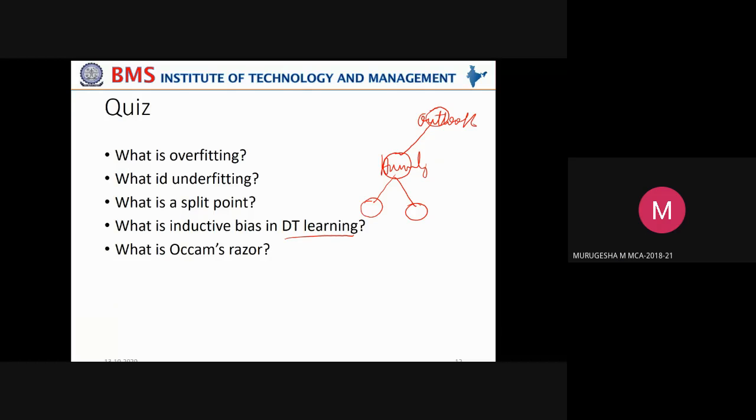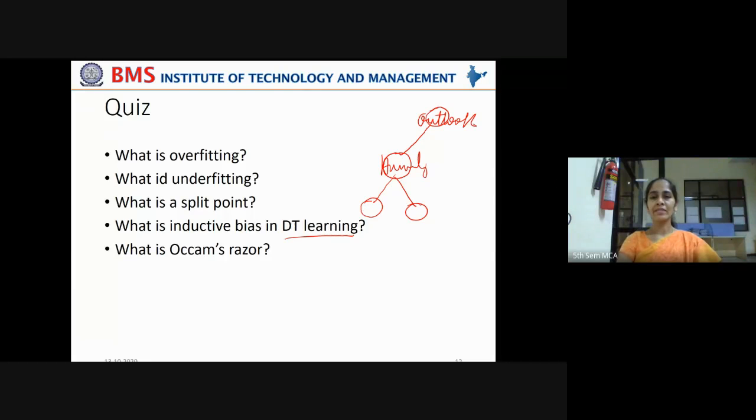Selects the trees that place the attribute with the highest information gain. Very good. Selecting the trees which place the attribute with higher information gain at the root nodes. Okay, these two are the assumptions.